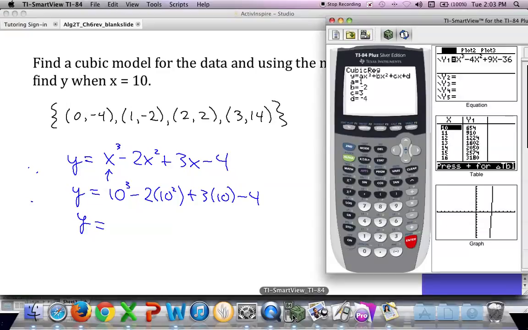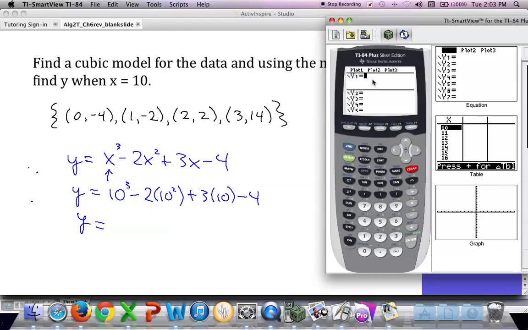What you can do is you could just enter that equation on the y equals, which I don't have there anymore. But you could just hand enter it there, put in x to the third minus 2x squared plus 3x minus 4, and then you could just go to the table of values where x equals 10. That's what y is. We got time.